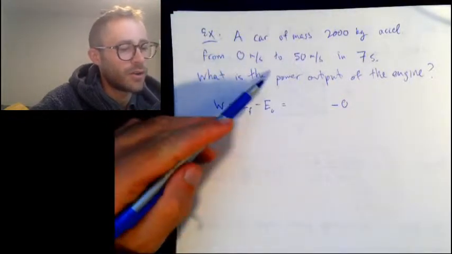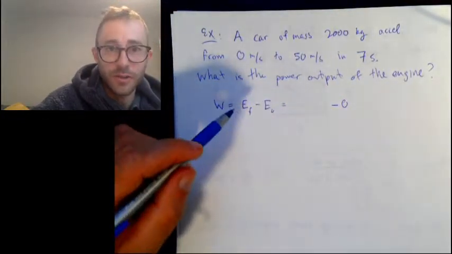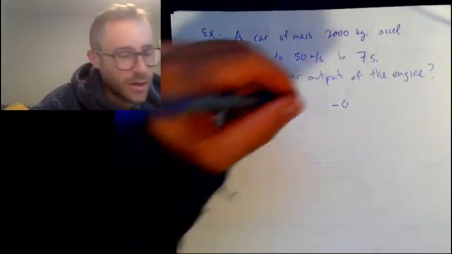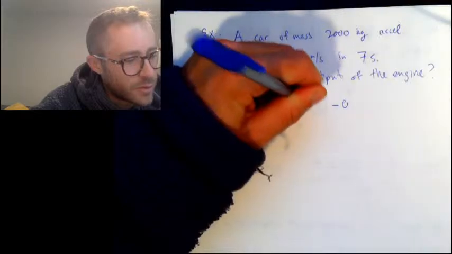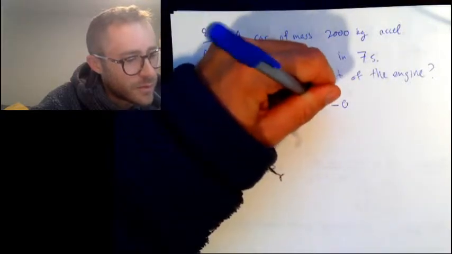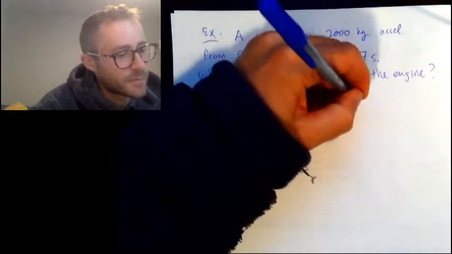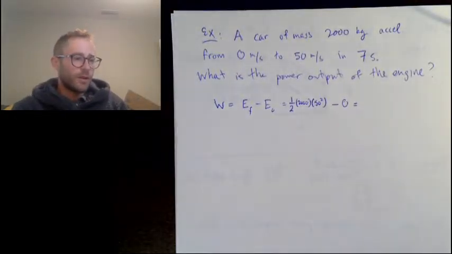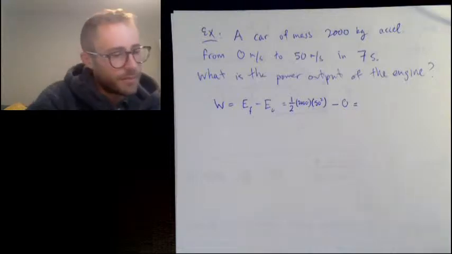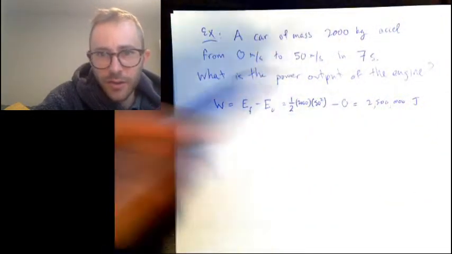And then the car goes up to 50 meters per second, so it has kinetic energy of 1/2 times 2,000 times 50 squared. Like that. 0.5 times 2,000 times 50 squared. So that's 2,500,000 joules of work was done during that acceleration.